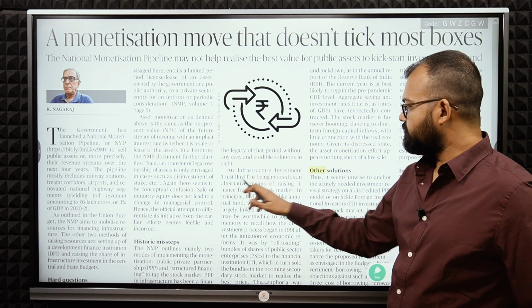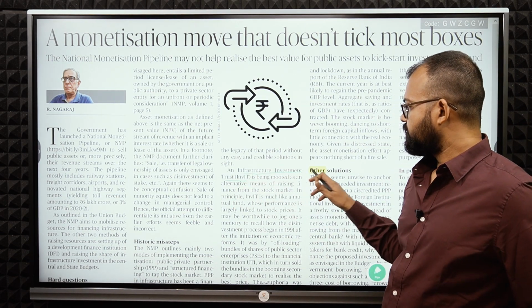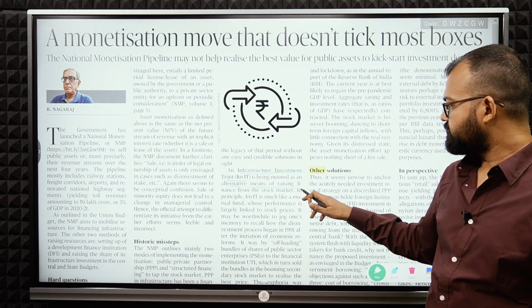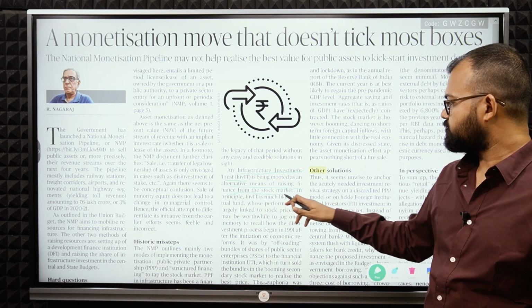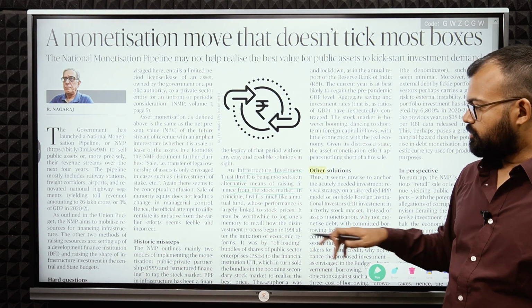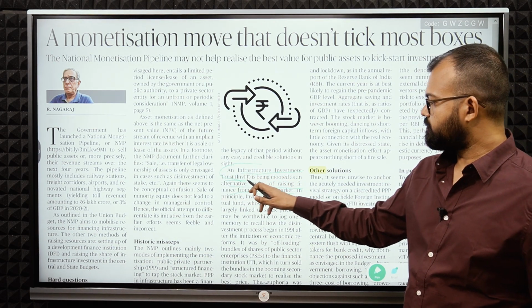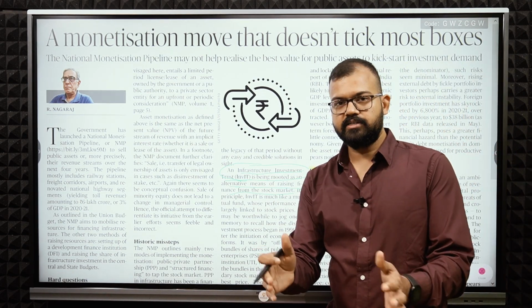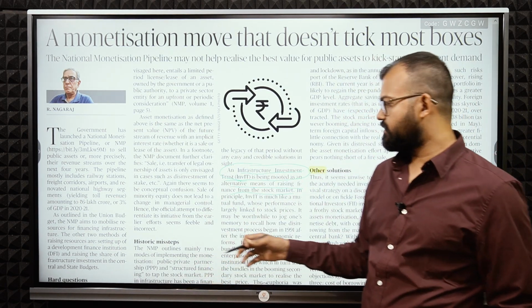an infrastructure investment trust is being mooted as an alternative means of raising finance from the stock market. You must have heard about this, mentioned in the previous budget talks as well. They will make a trust, and from that they will finance these projects.